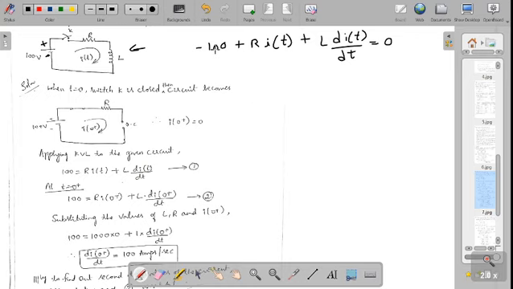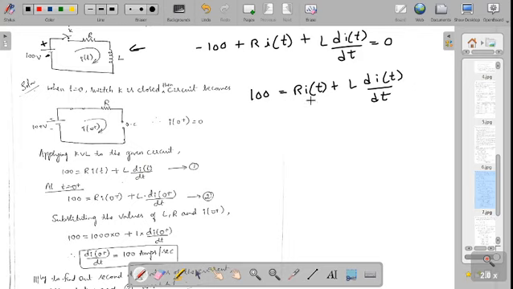Take the minus 100 to the other side, so 100 equals R into I of t plus L into the derivative of current with respect to t. So this is the first equation which you have got.